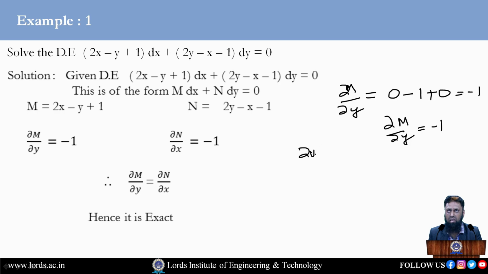So ∂N/∂x equal to 0, minus 1, and minus 0, equal to minus 1. So the condition is satisfied, ∂M/∂y equal to ∂N/∂x, hence it is exact. Now we go directly to the general solution.